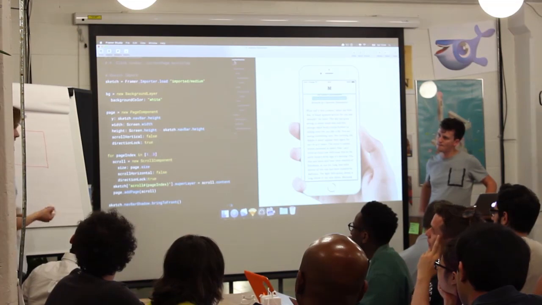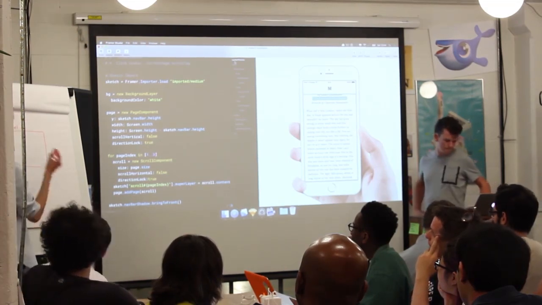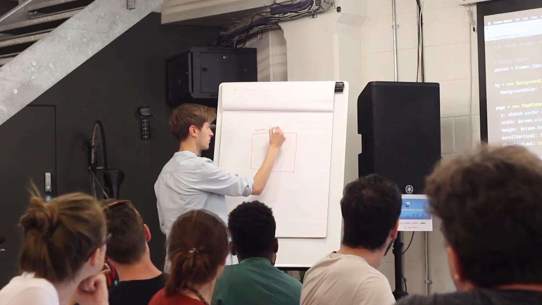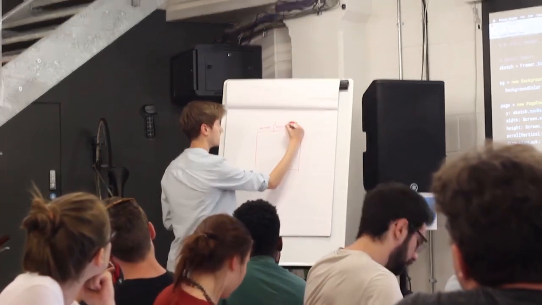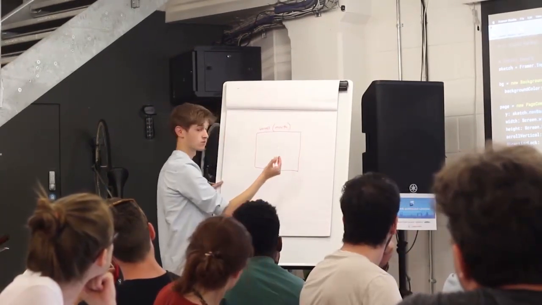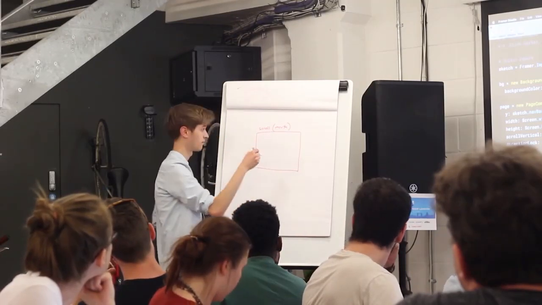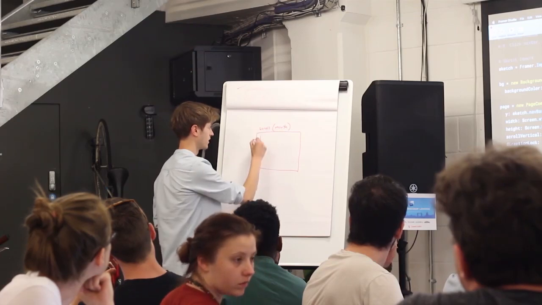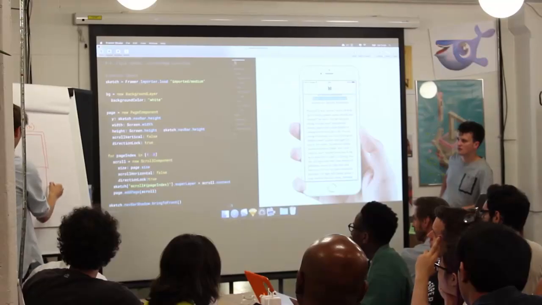To create something that is scrollable, this needs to be a mask, so consider this a mask, which means it has clipping enabled. This is also a Framer property, like scroll and clip, which we do by default when creating a scroll component. Previously, if you wanted to have something actually scrollable, let's say this is the content.